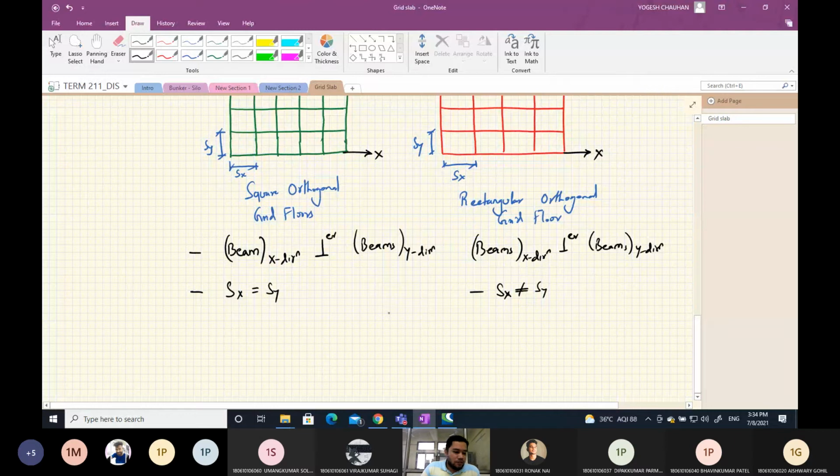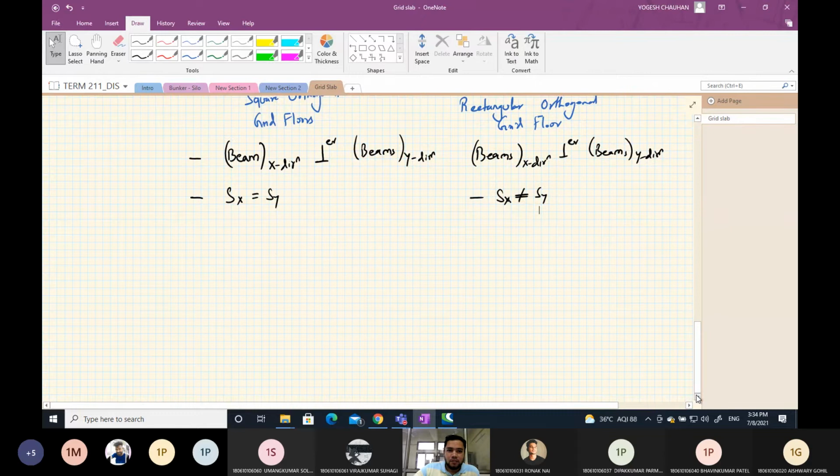Then the third type is diagrid, in which the beams are diagonally connected.